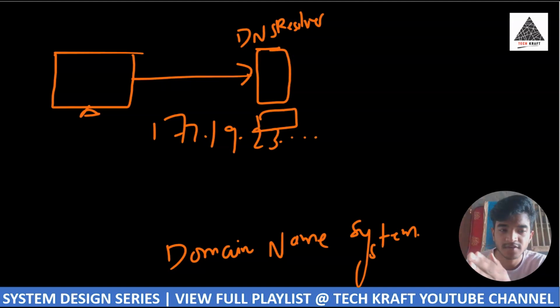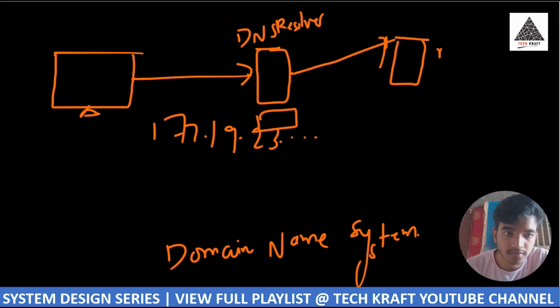Let's say this is the first time you are visiting the techcraft.com website, so the IP address will not be available in the cache. So the request will be sent to the DNS root server, which does not belong to TechCraft. This root server will give the IP address of another server called the top level domain server.